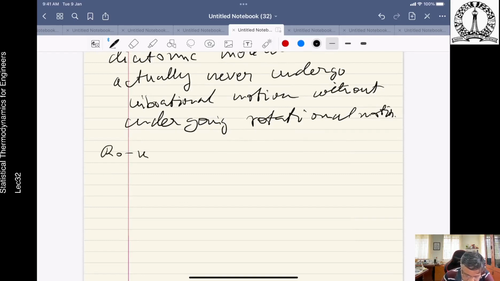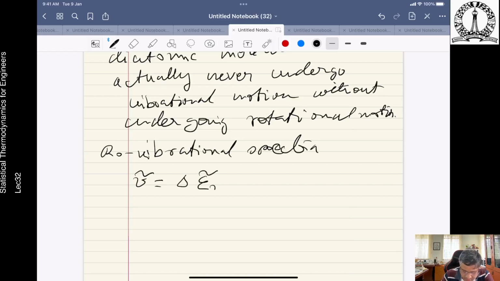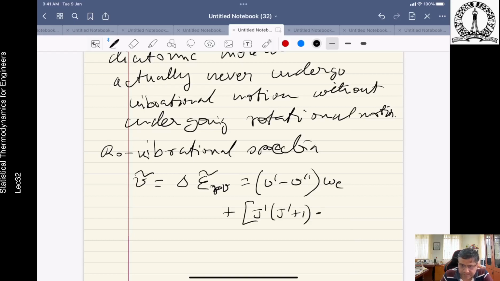So the ro-vibrational spectra is given as this: RV, V prime, V double prime, omega E plus J prime into J prime plus 1 minus J double prime into J double prime plus 1.